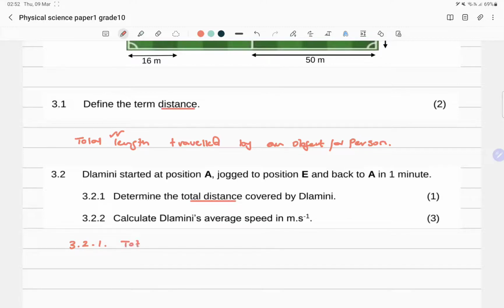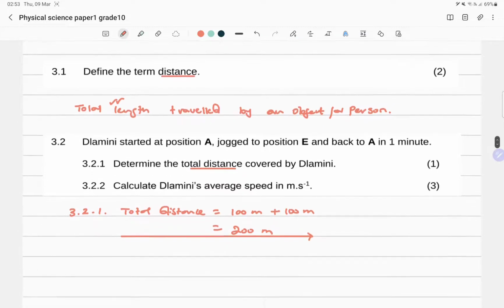We know that the total distance for Dlamini is going to be 100 meters plus 100 meters, which gives us 200 meters. And this one doesn't have direction, so don't think about it. It's a scalar quantity.